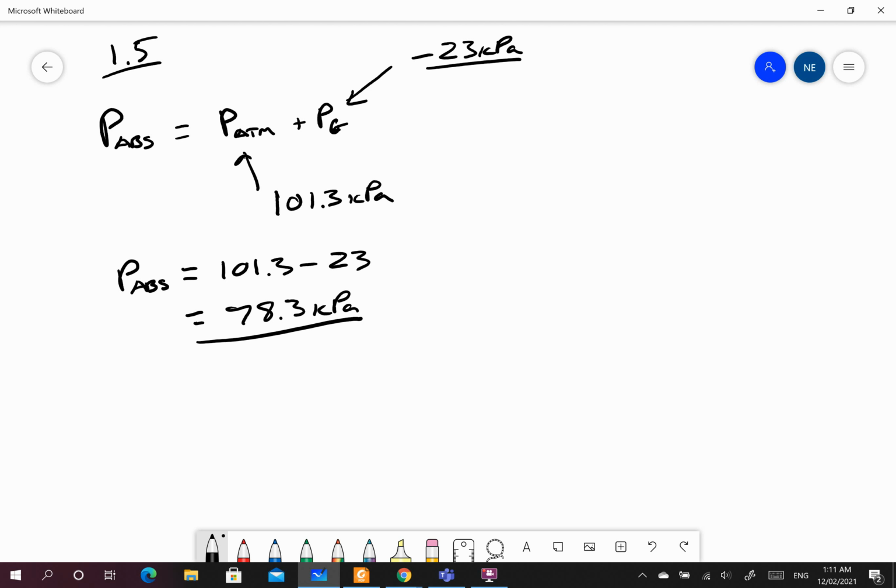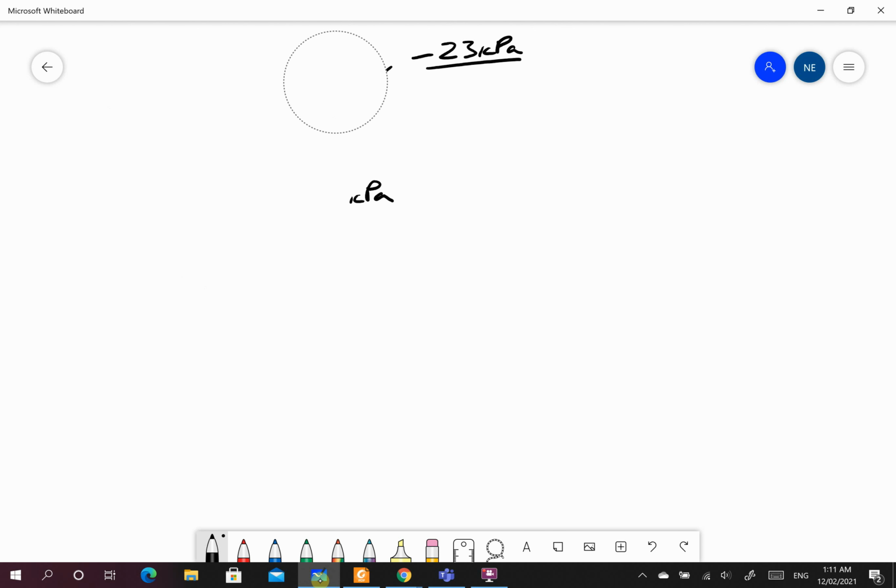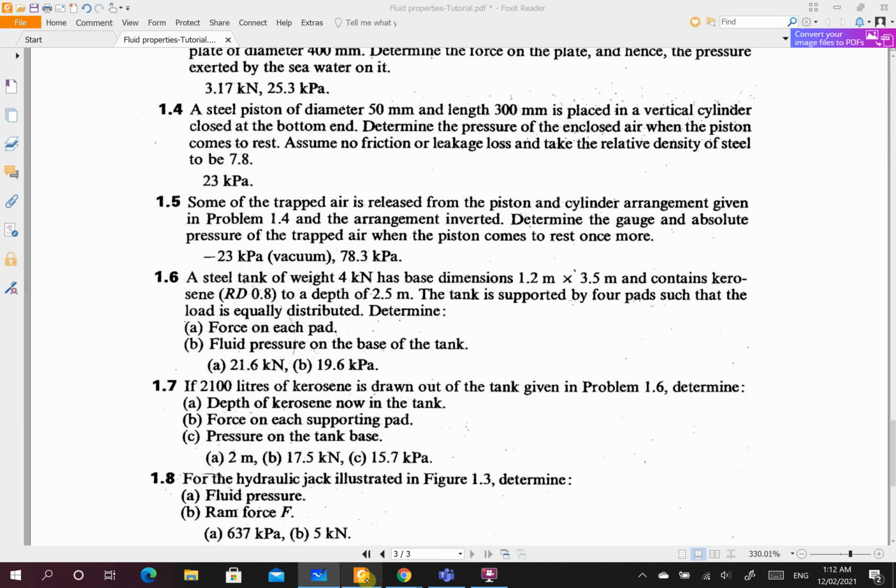Alright, so it's just more of a question to get your head around and kind of think through things, as opposed to a very calculation-based question. So lucky last, the last thing you have to listen to me whinge on about. Let's go 1.6. So a steel tank, we've got the weight of the tank, which means it's additional.